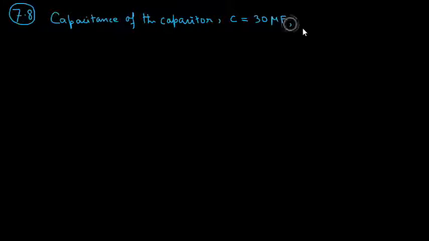The first known value is the capacitance of the capacitor, C, which is equal to 30 microfarad, which is equal to 30 multiplied by 10 to the power minus 6 farad.